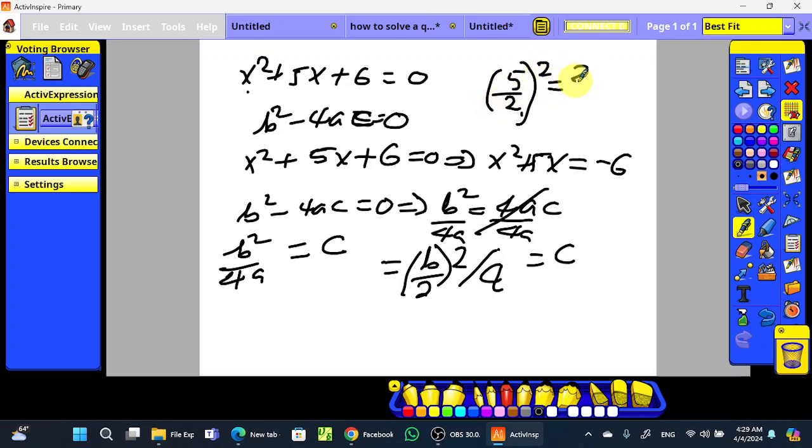That is equal to 25 over 4. This is the number that you want to add on the right side of this equation to make it a complete square. That time it's going to be a perfect square.